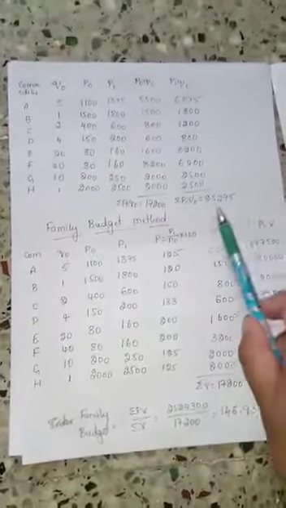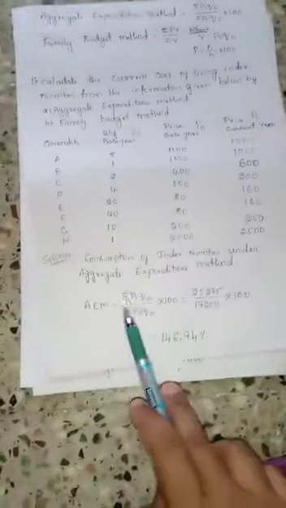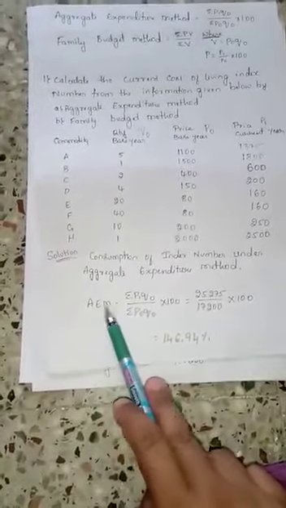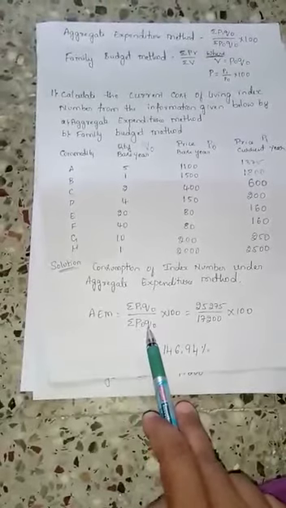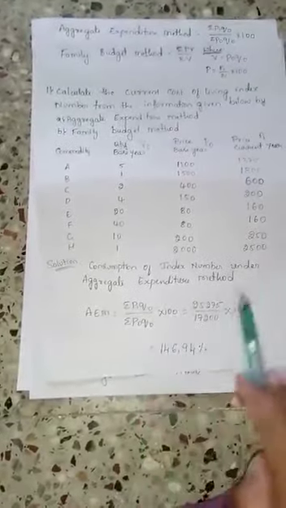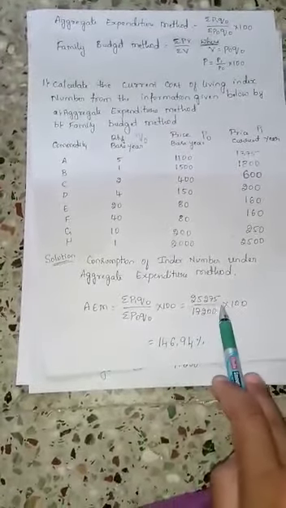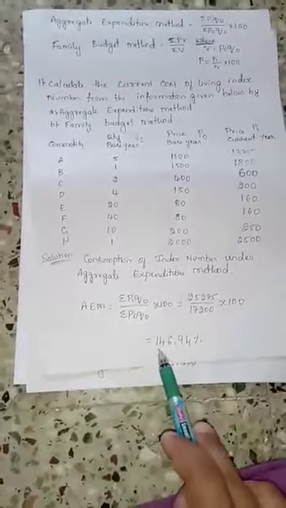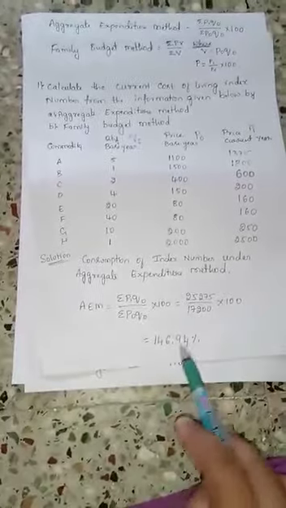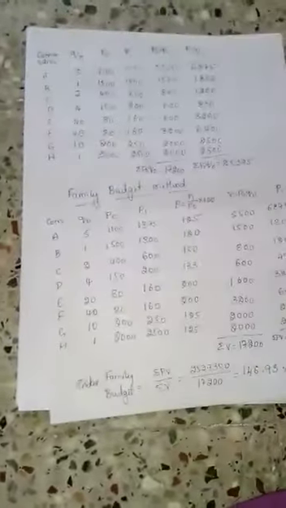The total is 25,275. We have to apply the formula. Aggregate expenditure method equals summation of P1 Q0 divided by summation of P0 Q0 into 100. 25,275 divided by 17,200 into 100. The value is 146.94%.